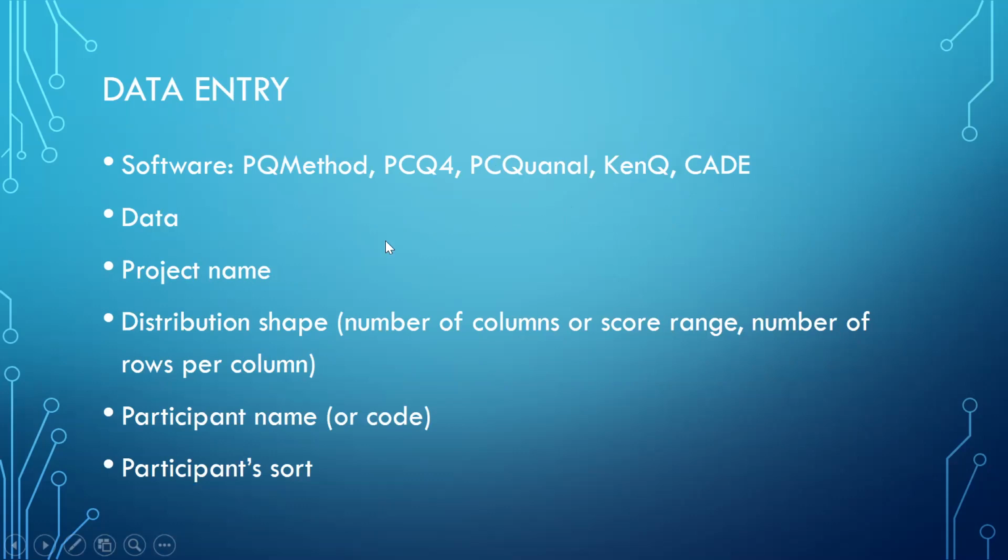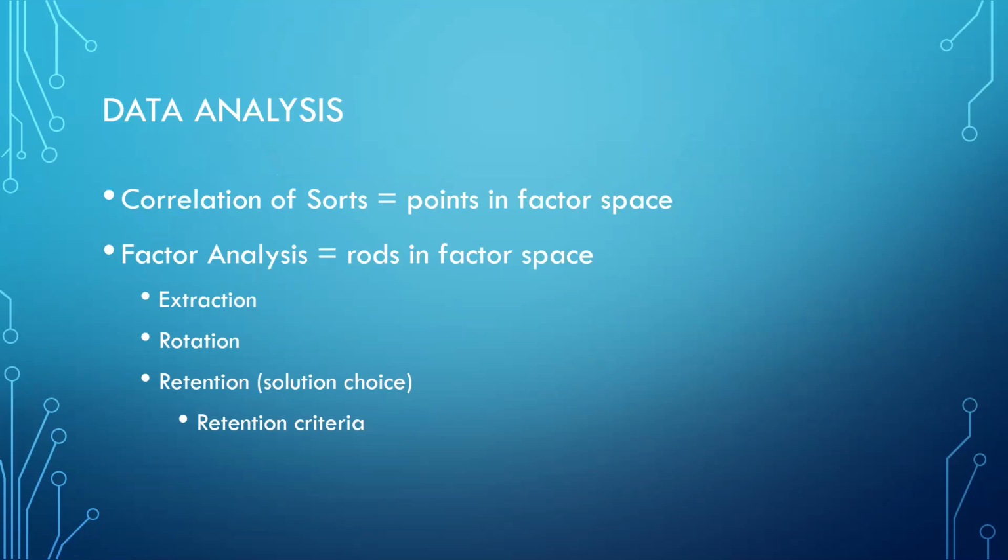So you enter the data, the project name, your distribution shape, because the way that I had my form board structured may not be the same as what you would like your form board structured like, and how the distribution is, the participant name, and I usually enter their name as a code, and their sort.